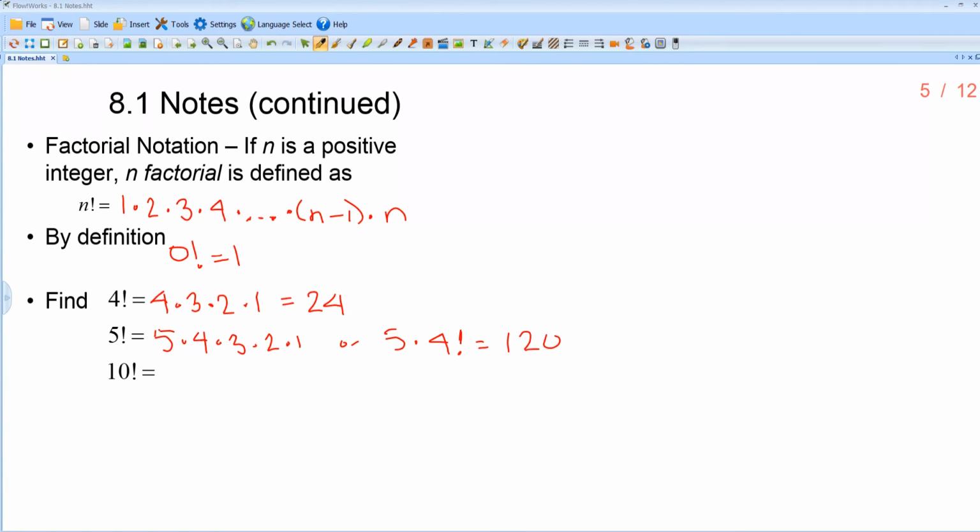All right, and then we have 10 factorial. Now you're thinking like 10, okay, that's not a very big number. So what we're just doing here is 10 times 9 times 8 times 7 times 6 times 5 times 4 times 3 times 2 times 1. Do you have to usually show that? No, I'll show you how to do it in a calculator. It speeds things up.